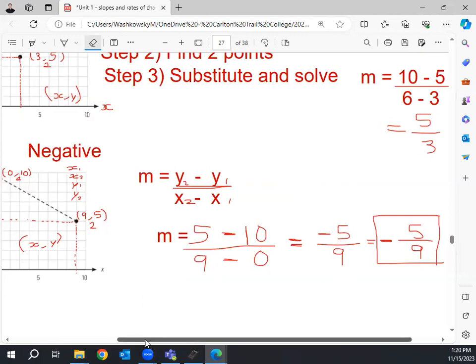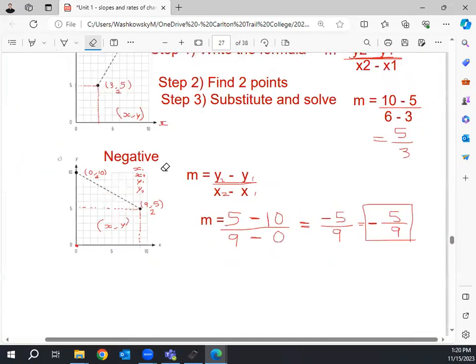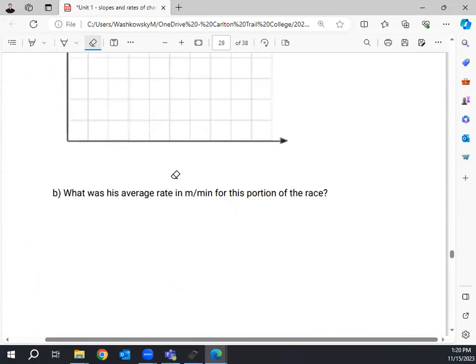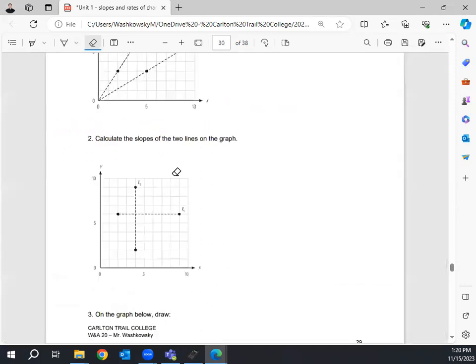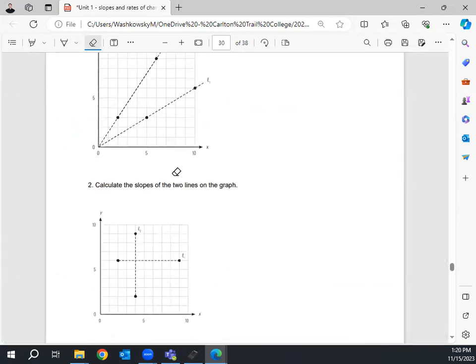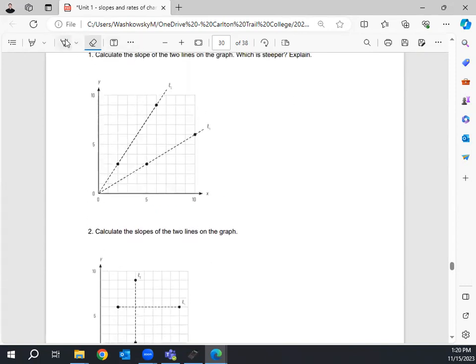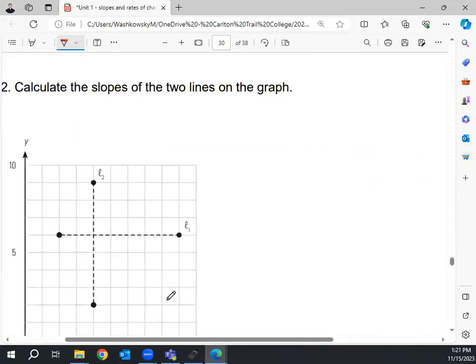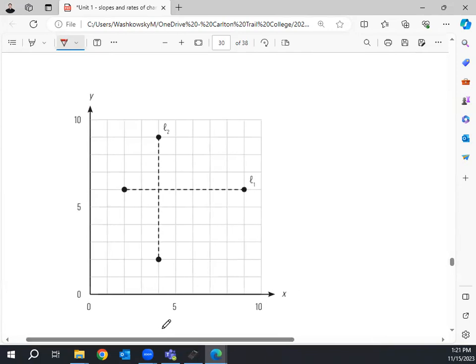So what I'm going to get you to do here is go down to page 29. There's going to be 2 questions here that I want you to try out. If you're not sure, you're not confident, feel free to do it on loose paper. Feel free to do it on your board. The one thing I want to mention, though, is question 2. What makes this harder? Yeah, it's just straight lines. So normally we're used to some steepness.